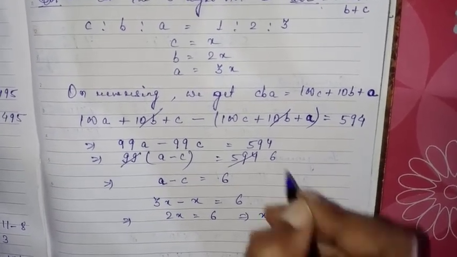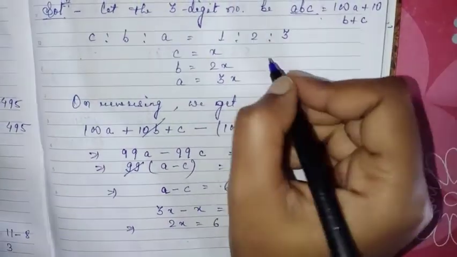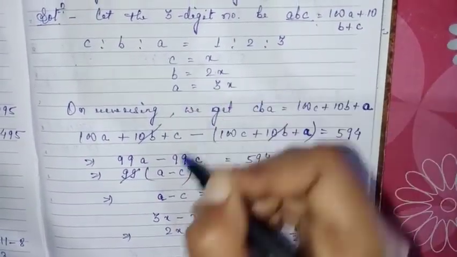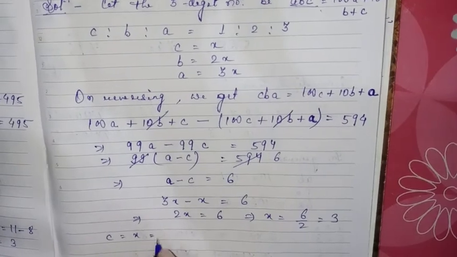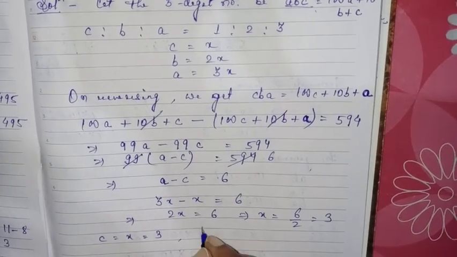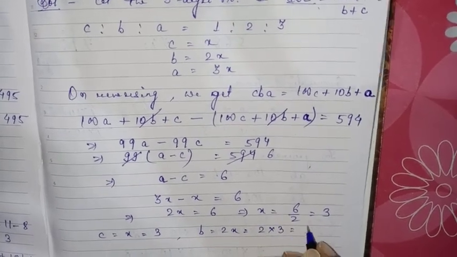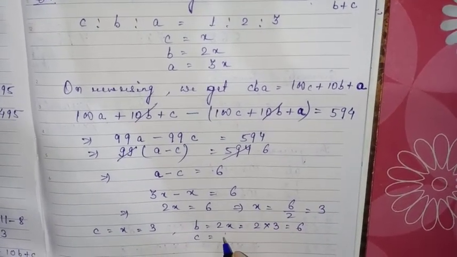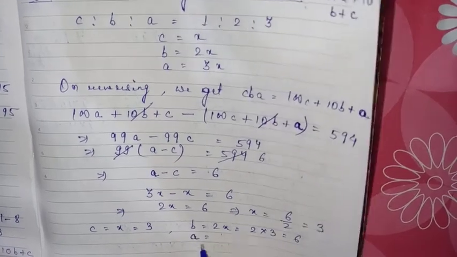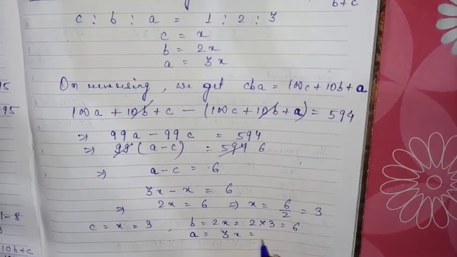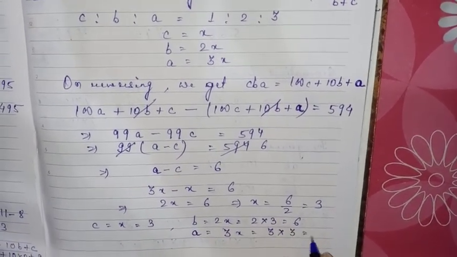So put the value of x here. You will get C is equal to x, that is 3. B is equal to 2x, that is 2 into 3, that is 6. And A is equal to 3x, that is 3 into 3, that is 9.